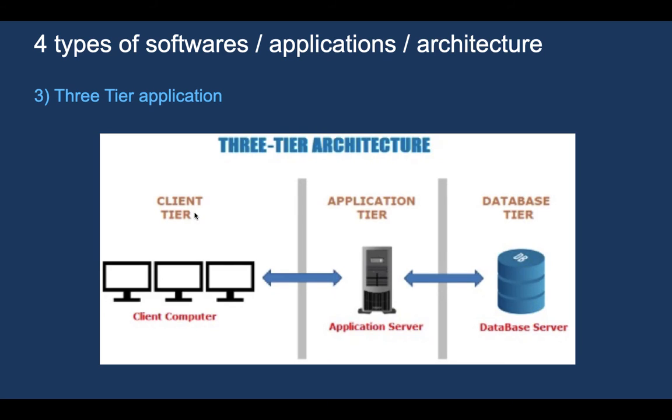The client computer will store the presentation layer, then there will be a server called application server, and the name itself tells you that it will store the application layer, and then there will be one more computer called a database server which will store the database tier. So three different layers on three different computers.